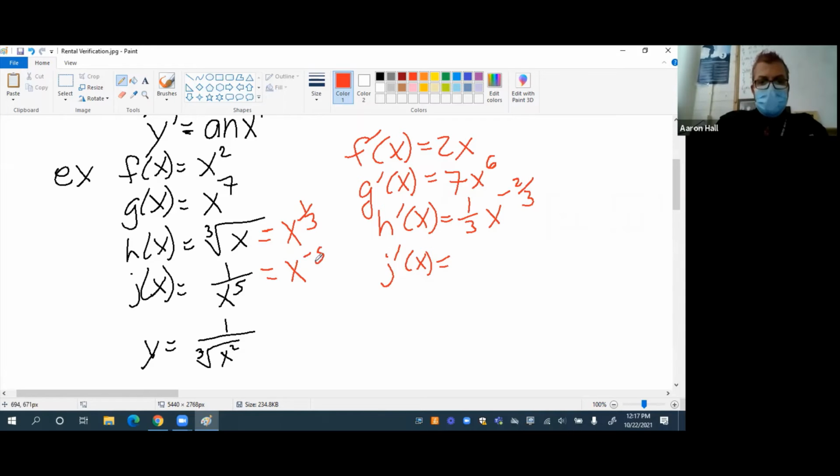Good, yep. Now can we use the power rule? So it'd be -5x. So we're subtracting one. -6, yeah. It's going to give us -6. Okay. Let's look at the next one.